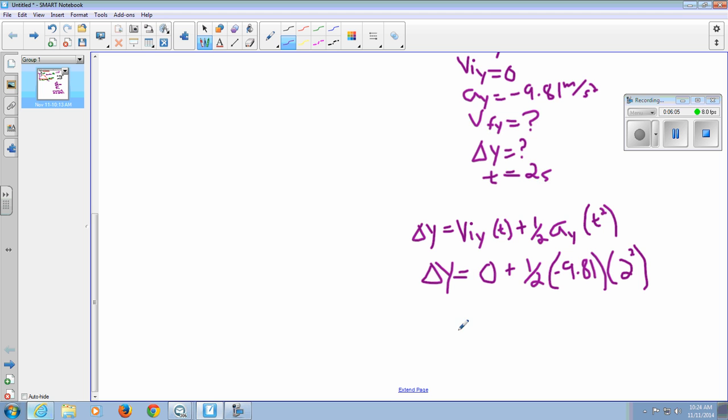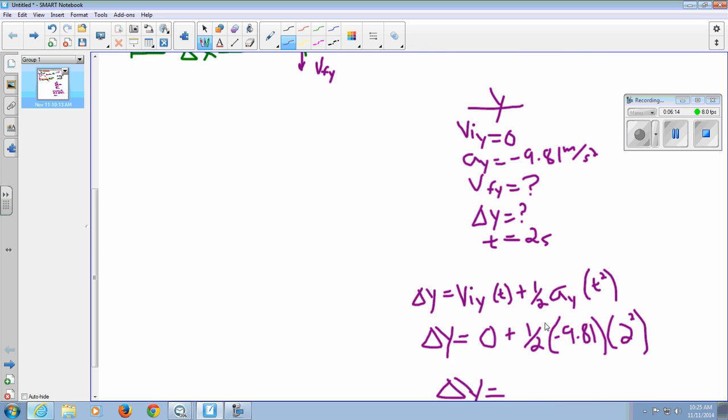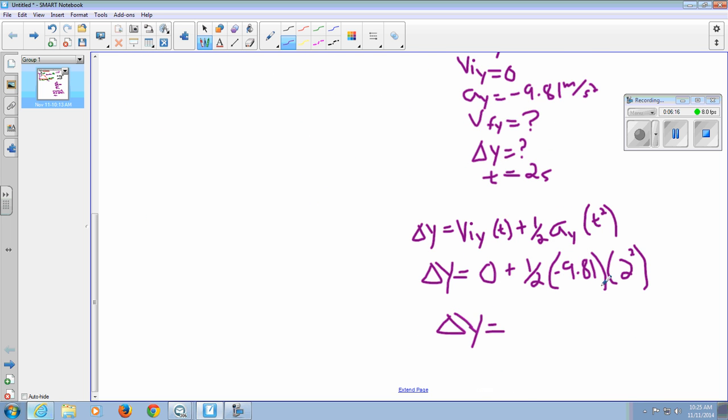I should get a negative answer because it is displacing negatively according to my direction. So we've negative 1 half times negative 9.81 times 2 squared, and that is equal to negative 19.6 meters.